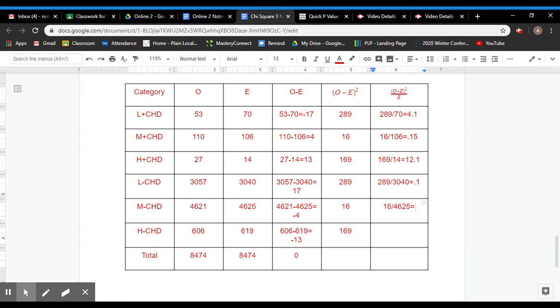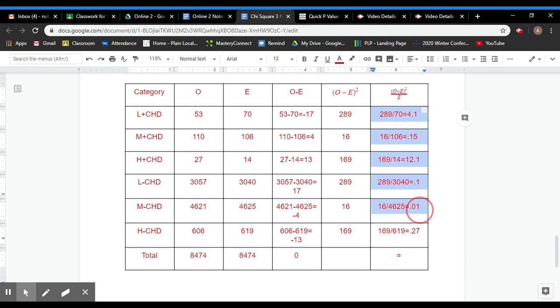It'll be a really small number, 0.01. 169 divided by 619 is 0.27.